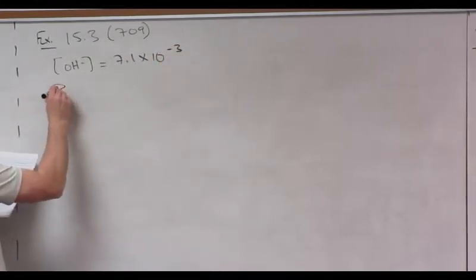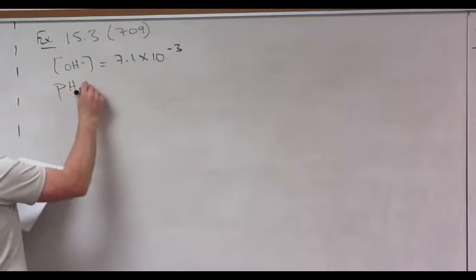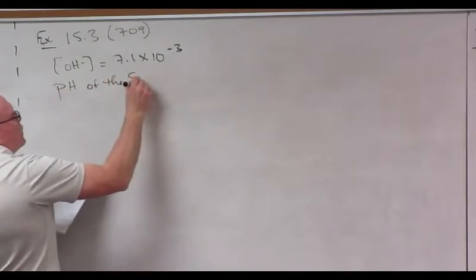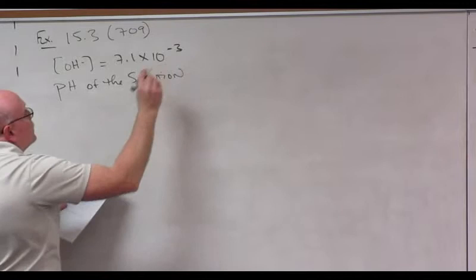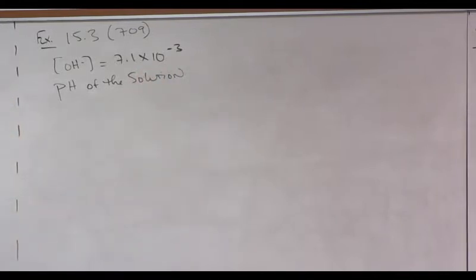They want you to find the pH of the solution. In order to solve for the pH, I need to know how much acid's there. But all I know is how much base is there.